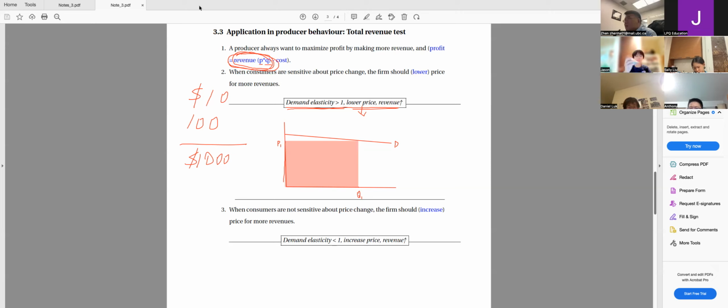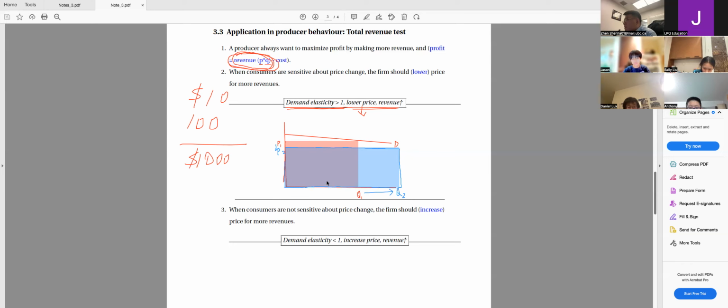Next step: let's lower your price a little bit, from P1 to P2. You see your quantity demanded can increase by a lot. The revenue area now is the blue area.